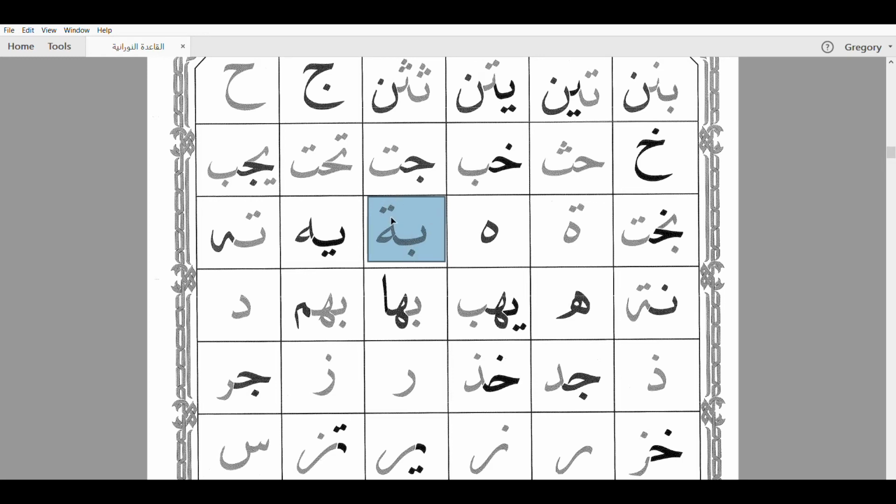Okay, so this is the ta marbuta after a ba. You see that? So it's just ba, right? Ba. And this is a ya. In Arabic, like in the Qur'an, you'll see this. This is the ha right here, by the way. We haven't learned the harakat yet, but just to know, if you end a verse with this letter at the end of the last word, then you'll pronounce it without any vowel after it.